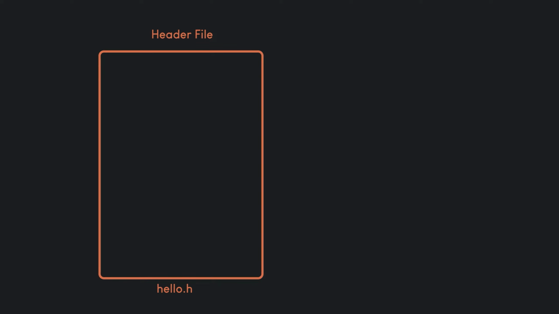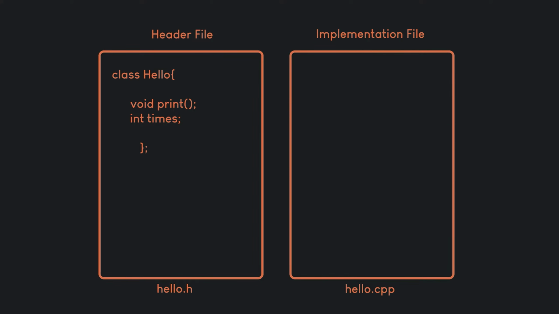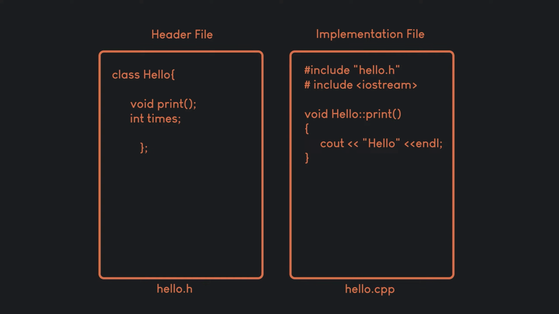The header file, usually with a .h extension, contains the class declaration, including the class name, member variables, and function prototypes. It serves as an interface for other parts of the program to use the class. On the other hand, the implementation file, usually with a .cpp extension, contains the actual implementation of the class functions. This is where the member functions defined in the header file are implemented.